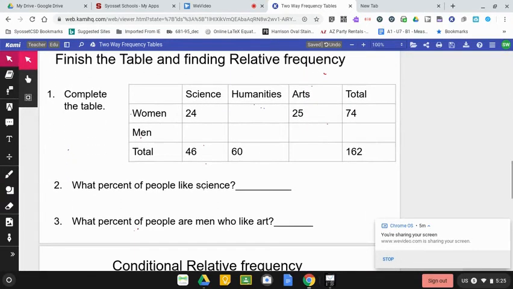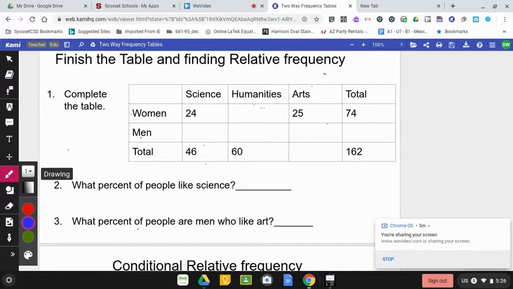So finishing a two-way frequency table is pretty easy. It's like filling in a puzzle. So if we want to find the total number of men, whether they like science, humanities, or art, we can just subtract the 162 minus the 74. And I like to start on my margins, but you don't have to.